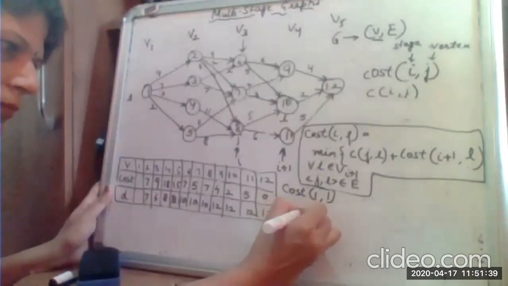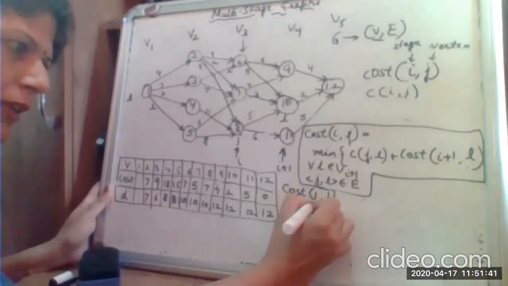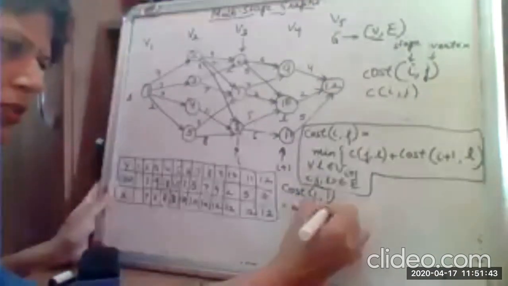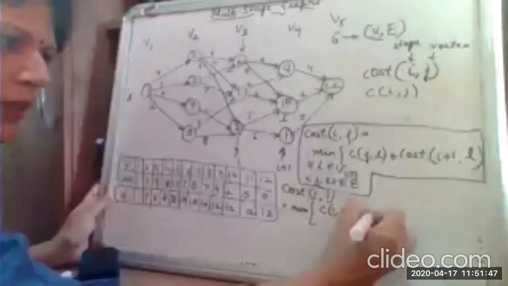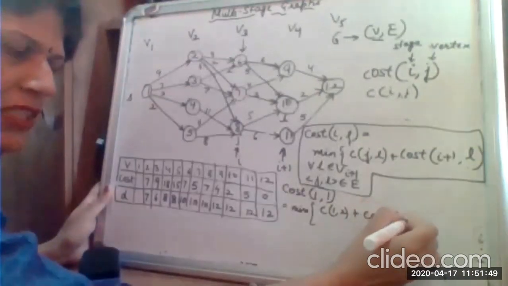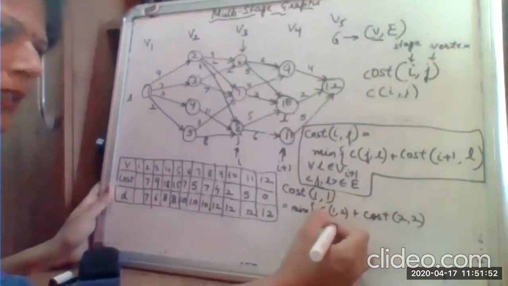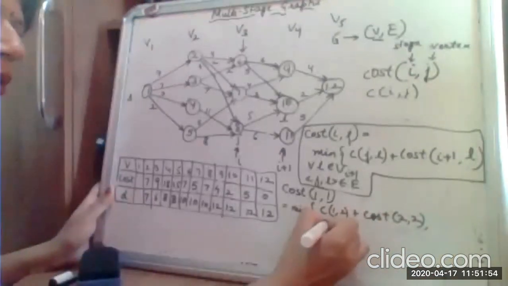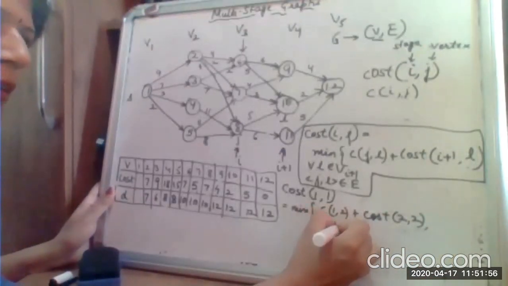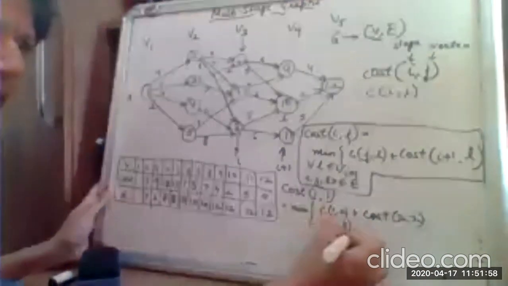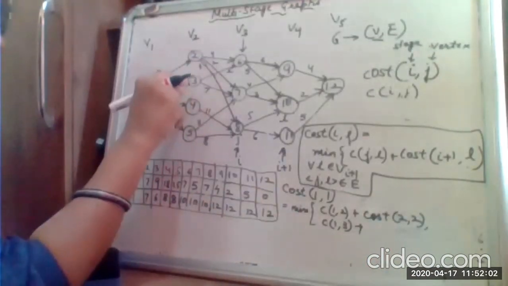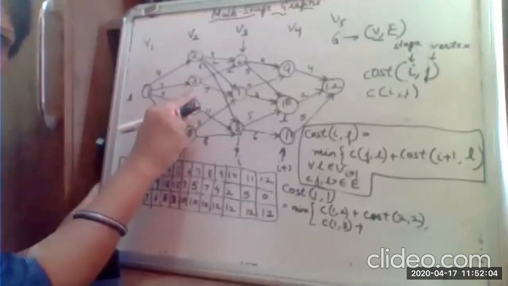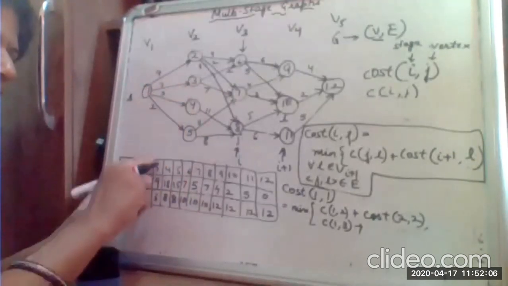So the value will be cost of 1 to 2 plus cost of second stage, second vertex. Next is cost of 1 to 3 plus whatever is the optimal cost that we have calculated for the third vertex.